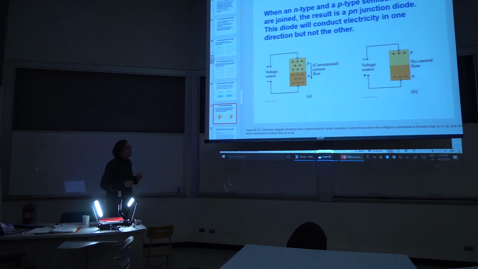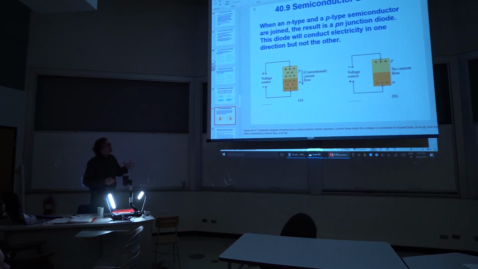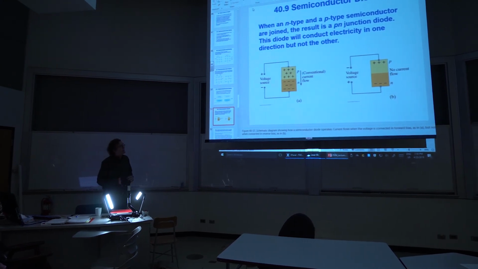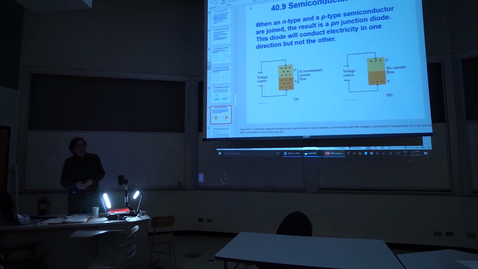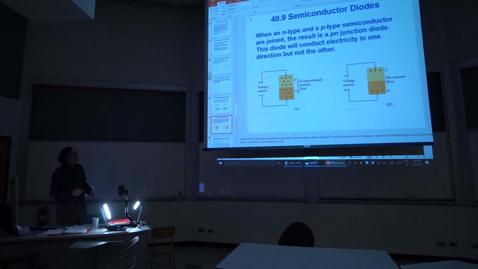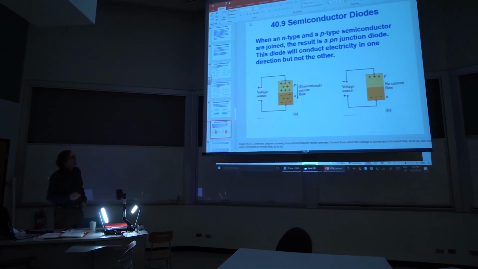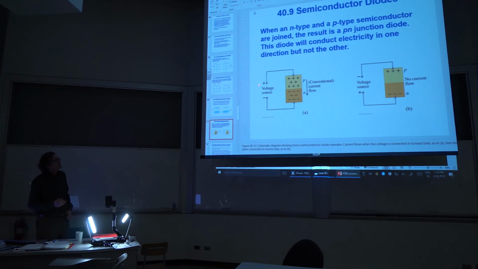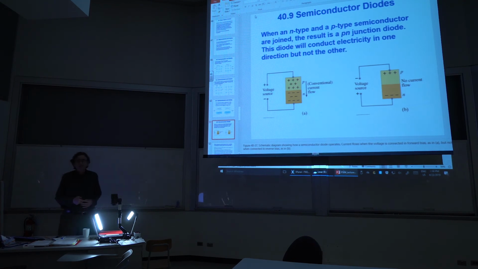So we have a geometrical picture of positive and negative charges. We're going to look at what happens when we apply a voltage in this mode, which we call forward bias. The positive terminal is connected to the p-type, and the negative terminal of the voltage source is connected to the n-type.